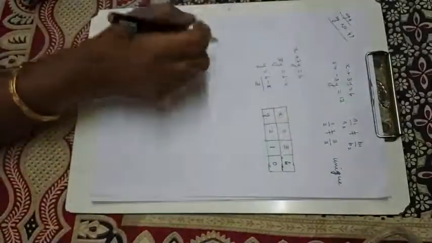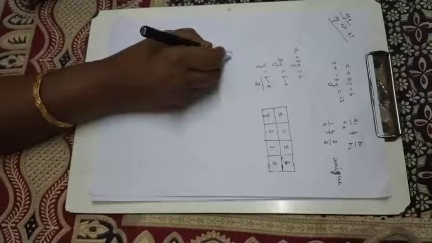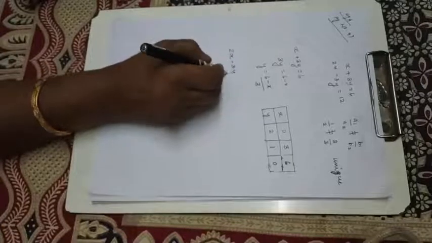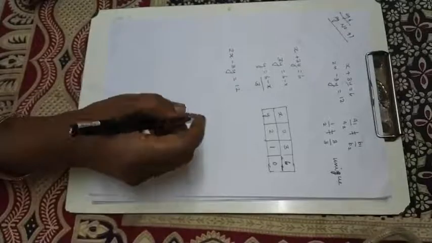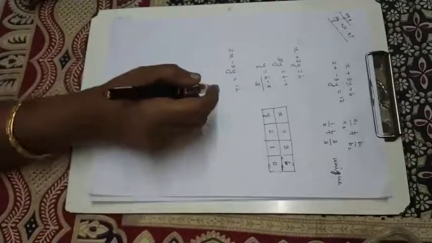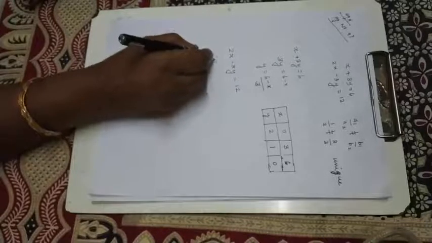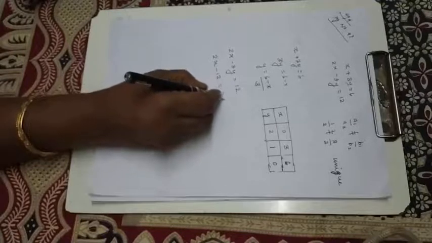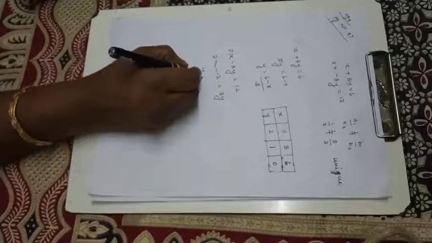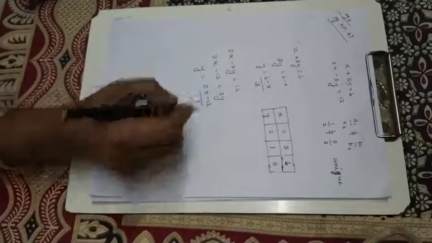In the same way, take the second equation, 2x minus 3y equal to 12. You can take 2x minus 12 equal to 3y, or y is equal to 2x minus 12 by 3.